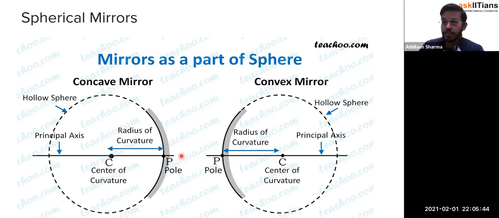So we learned two types of spherical mirrors, concave and convex, and the characteristics of each one of them. Now moving ahead, how do we form images with these mirrors? Well, as I told you before, we simply follow the law of reflection, nothing else.